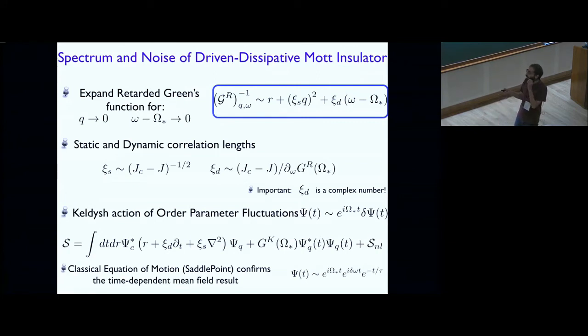And if you use this ansatz and plug it back into your action, essentially you get an equation of motion which tells you that the solution I was telling you about, this damped oscillation with fast frequency and slow frequency, is just the saddle point equation of this action. So in some sense, the Green's function of the lattice encodes the relaxation time and the frequency softening which happens at the phase transition.